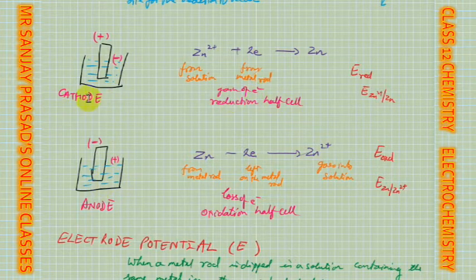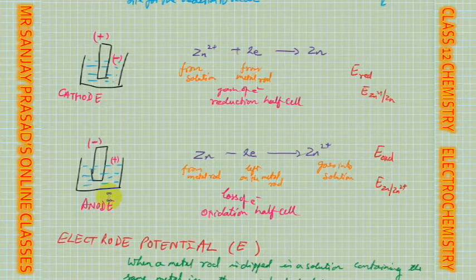Reduction means it is cathode, so in case of cathode, the metal rod is positive and the solution is negative. In case of anode, the metal rod is negative and the solution is positive. So this you have to know. When I am dipping this metal rod in the solution, then in that case what is happening? A potential difference is created. That potential difference, we call it electrode potential. That electrode potential may be because of oxidation, then we'll call it oxidation electrode potential.